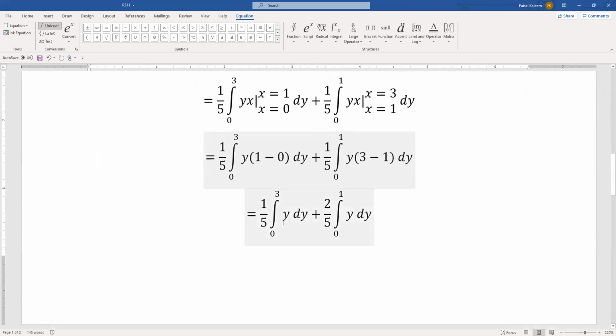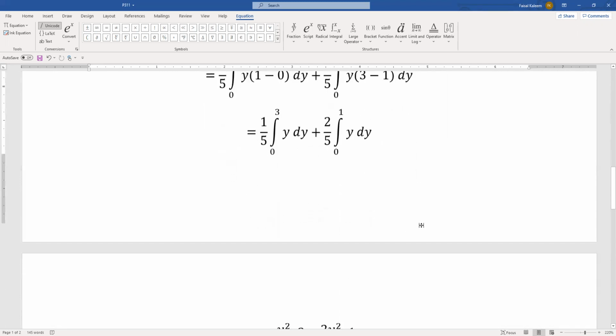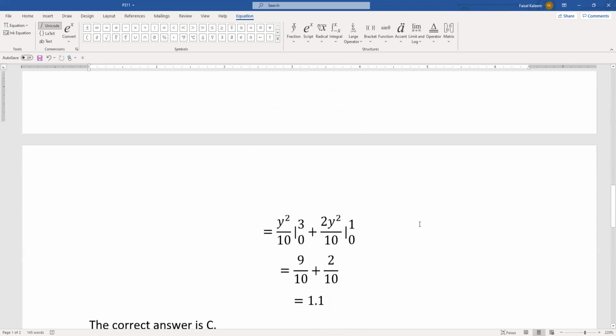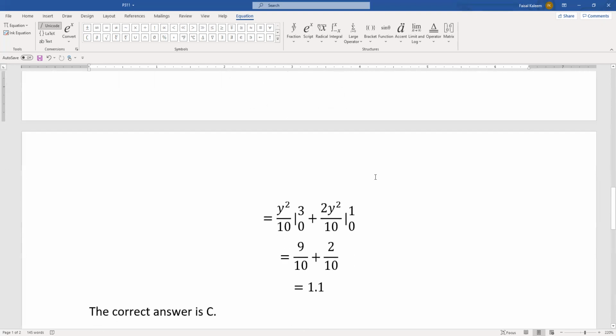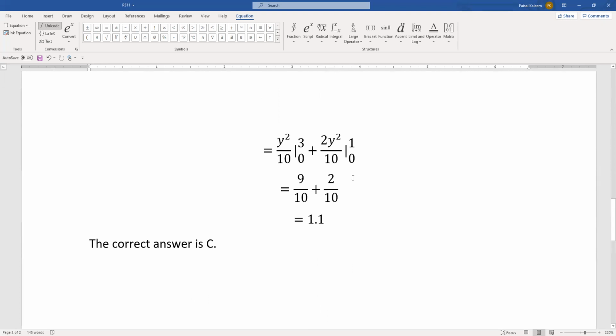So this ends up being 1/5 integral of y dy plus, since this is 2, 2/5 integral of y dy. The integral of y is y squared by 2, so this one would be y squared by 10, and this one would be 2y squared by 10. Substitute the limits, and we end up getting 1.1. That's choice C.